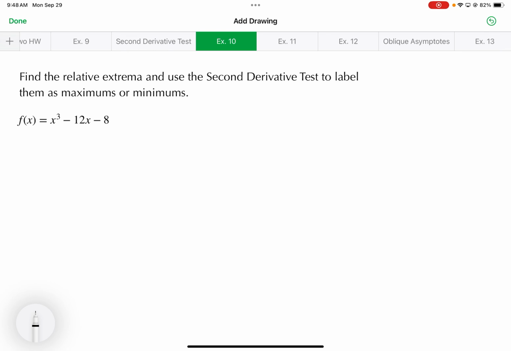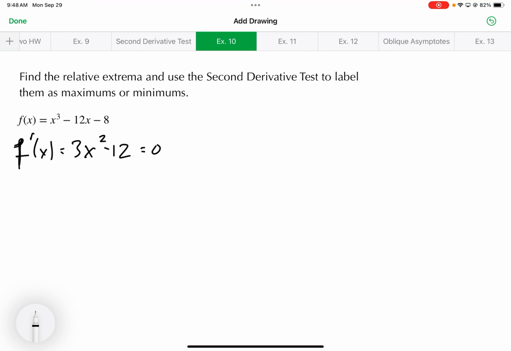So here's the process of using the second derivative test. Of course you got to take your first derivative, and you still set your first derivative equal to 0 to get those candidates. And then you take your second derivative and you plug the candidates from your first derivative into your second derivative to find out whether it's positive or negative. Okay? All right. So f prime of x, easy money, 3x squared minus 12.